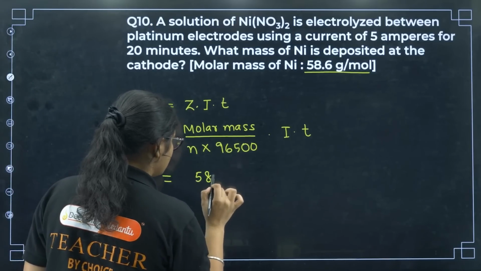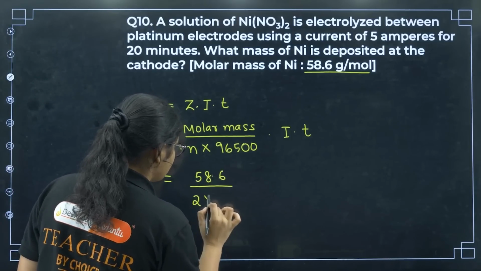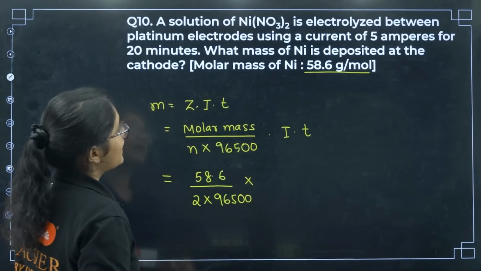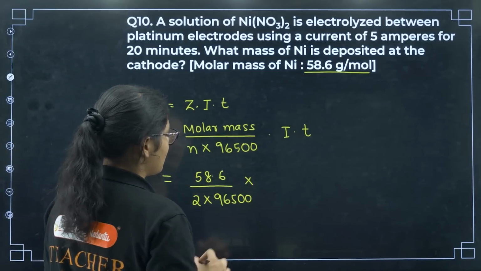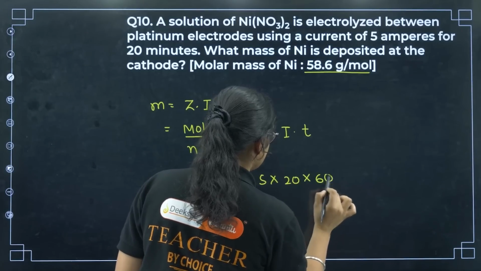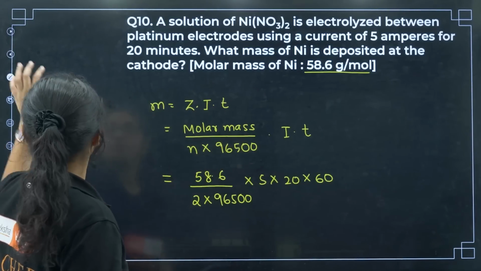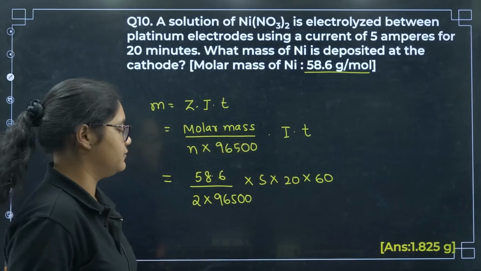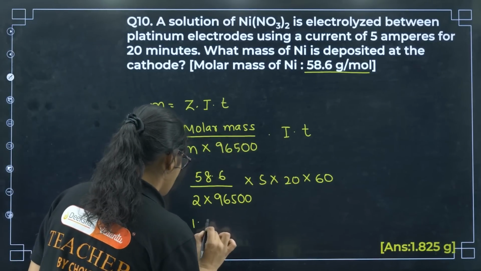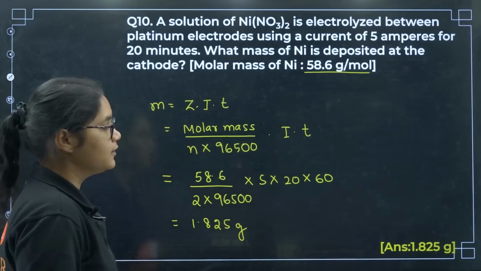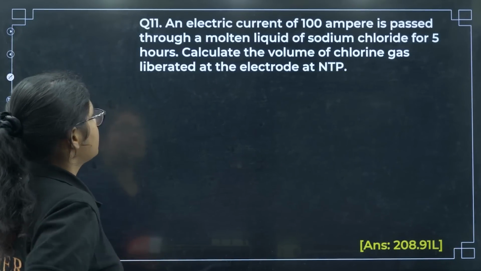So 58.6 divided by 2 into 96500, into I value is 5 amperes, then I have 20 minutes into 60 seconds. If I solve this, I will get around 1.825 gram. Clear? Okay.